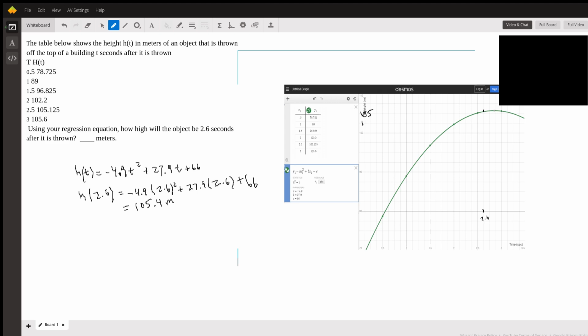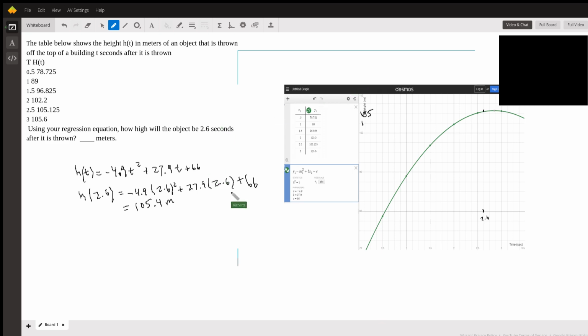On the Texas Instruments calculator, you just go to Stat, and then you would edit and put in your data, and then you go to Stat and then Calc.